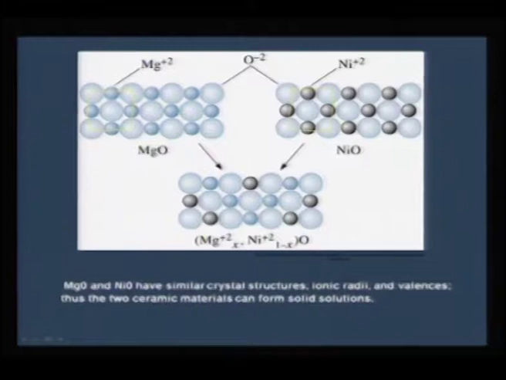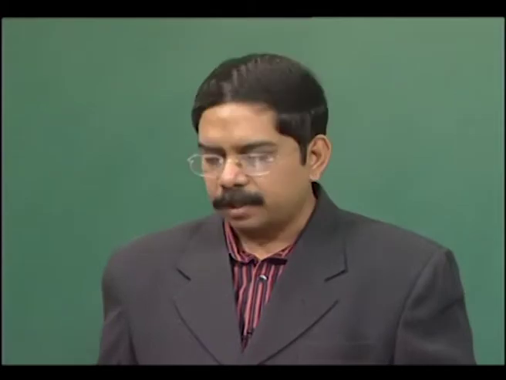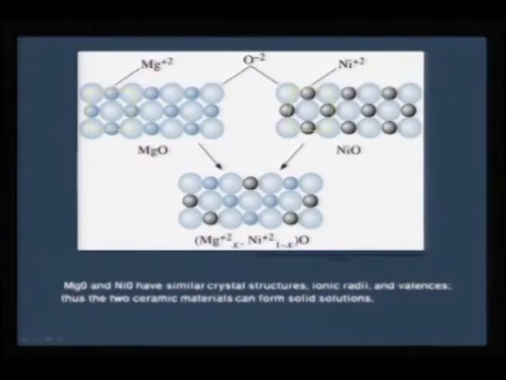Both when they are mixed together in some form, either you mix and grind it or you can use a precursor technique, in both ways, because of the structural similarity, it is possible to create a solid solution of magnesium in nickel oxide.